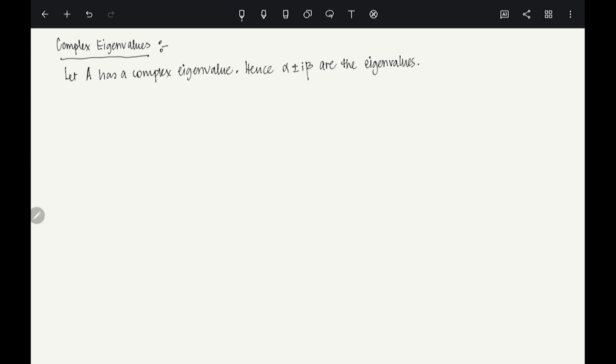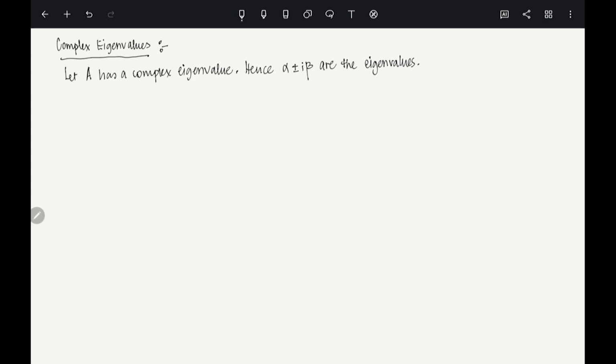Now the thing is this, we are assuming that if alpha plus i beta is an eigenvalue, alpha minus i beta is also an eigenvalue. Now there can be many different cases, right.